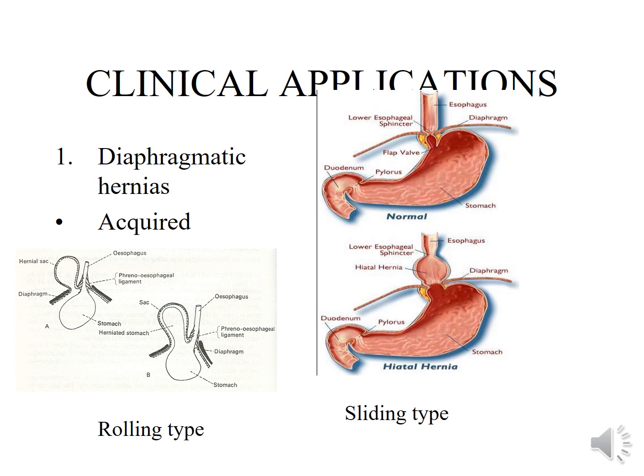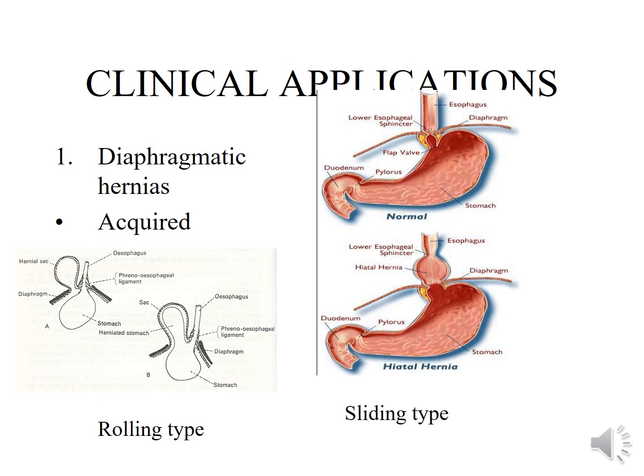In these diagrams, on the left side we can see the rolling type, and on the right side we can see the sliding type of hernia. In this rolling type of hernia, as you can see in the first figure, there is a peritoneal sac which is present since birth, right? If such a sac is present congenitally, then the stomach can protrude into this sac.